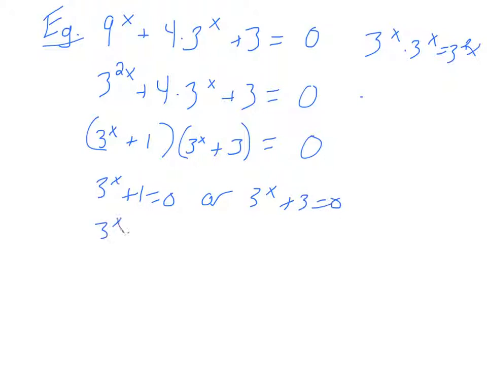We're going to find out really quickly that that's not really going to work. Can 3 raised to any power be negative? No, exponential expressions have a range of y greater than 0, so neither of these has a solution. So this one is just no solution.